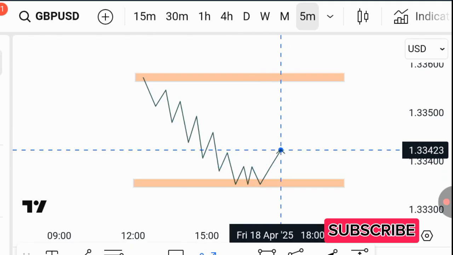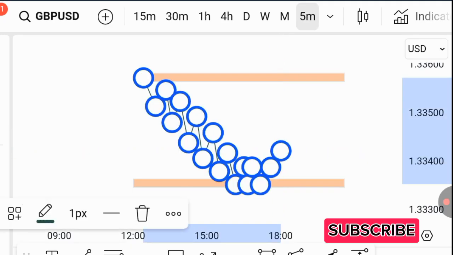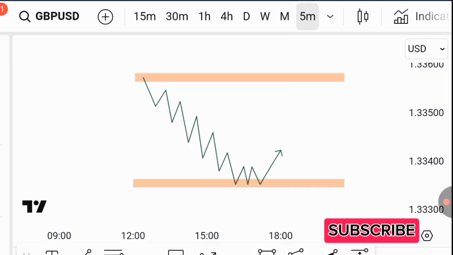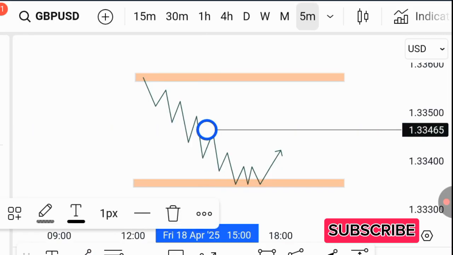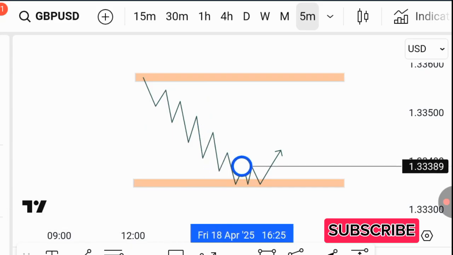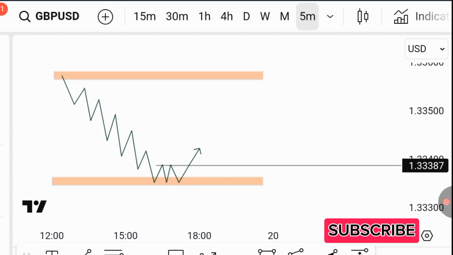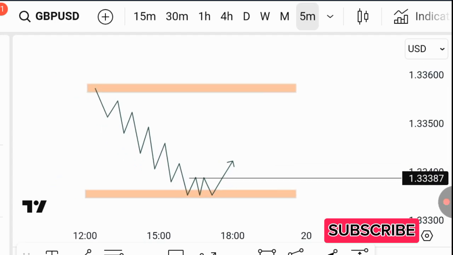So let me show you something. Peradventure price breaks this resistance here. This will likely be our support.